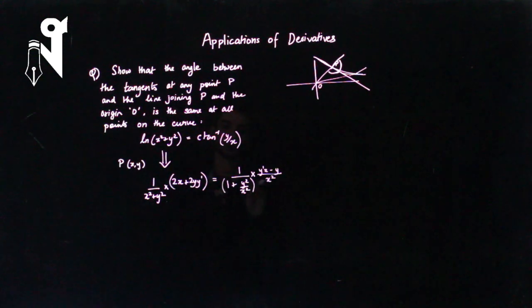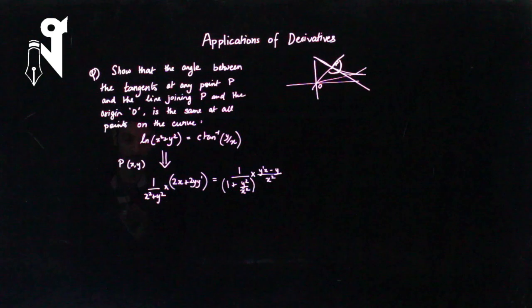Okay, so this, you should know how you get this. Basically, derivative of tan inverse x is 1 by 1 plus x square. So this is that variable inside tan inverse. Okay, and then by chain rule I need to differentiate y by x with respect to x after that, and that is by the quotient rule. You get y dash x minus y by x square.